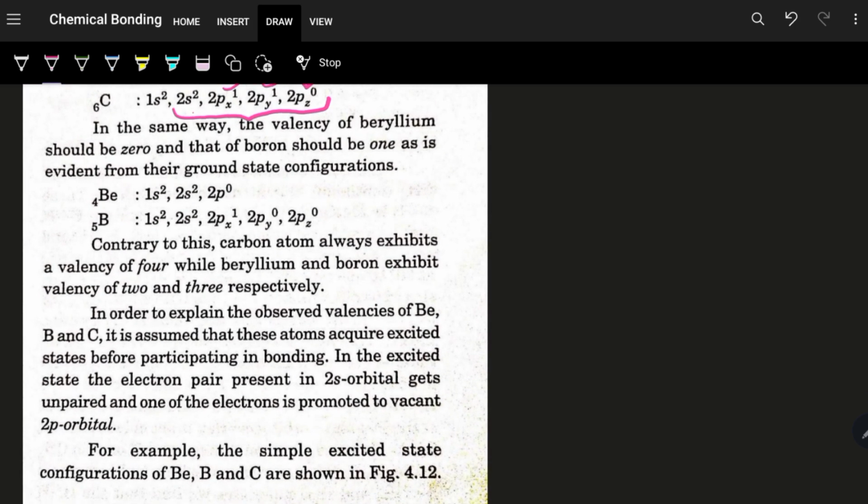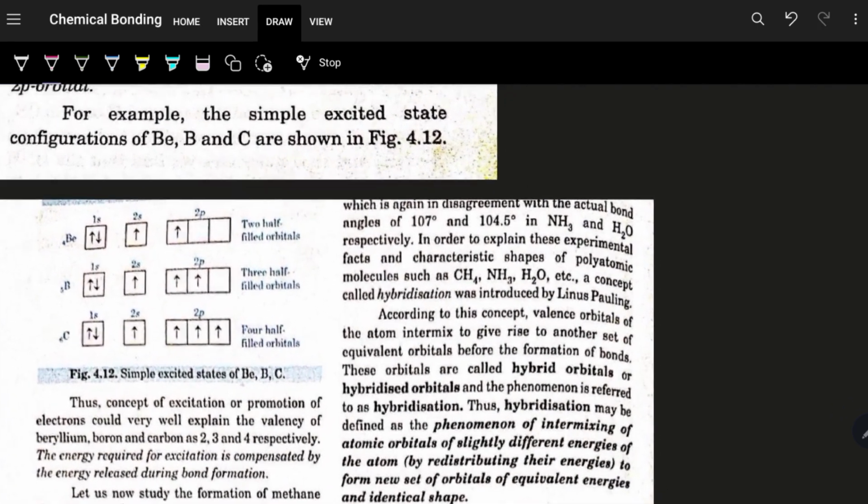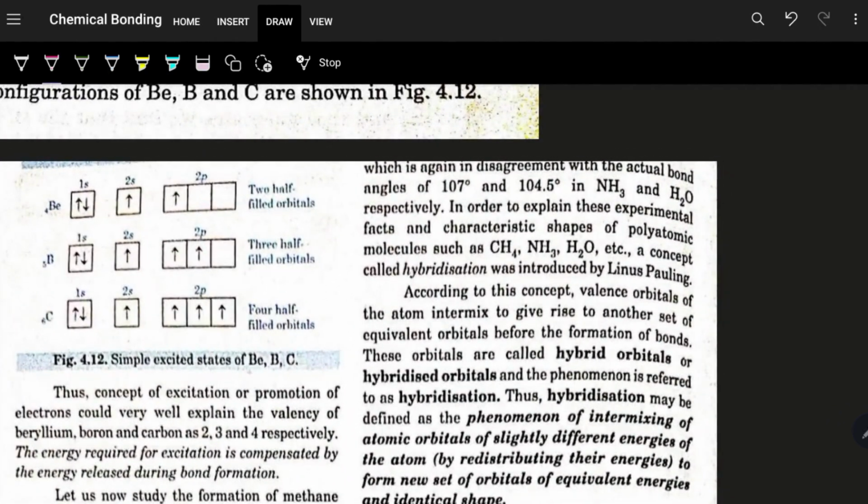Now here beryllium, again the same thing. I am seeing here 2s2 and 2p0. So when it hybridizes, there can be electron transfer from 2s to 2p. Now it is not always necessary that there will be only unpaired electrons in order to undergo hybridization. That we have seen before also. So this is what I was talking about.